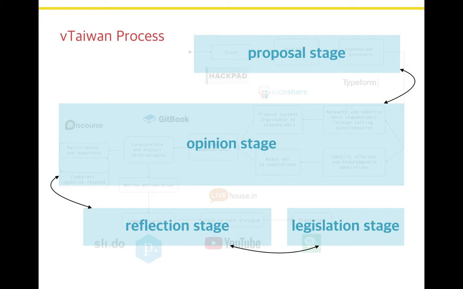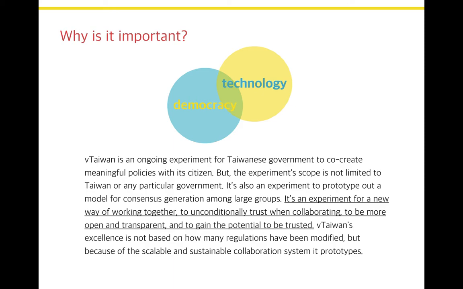Okay, so why is vTaiwan important? Why is this initiative, why is this experiment important? As we know, most GovZero projects are initiatives that prototypes a better way of doing things. vTaiwan is no exception. vTaiwan is an ongoing experiment for the Taiwanese government to co-create meaningful policies with its citizens. But this experiment and its scope is not limited to Taiwan or any particular government.